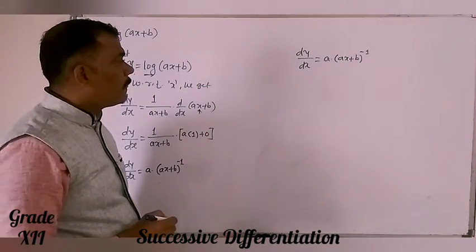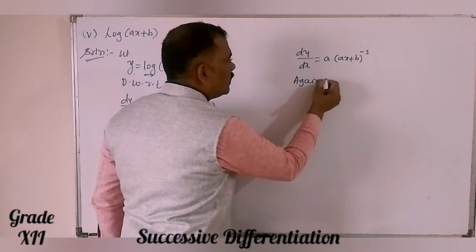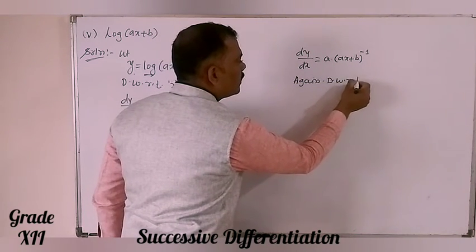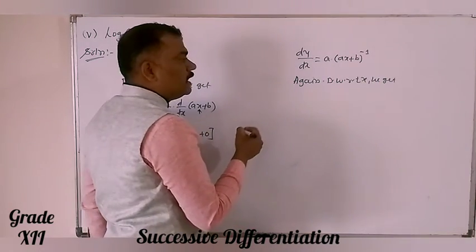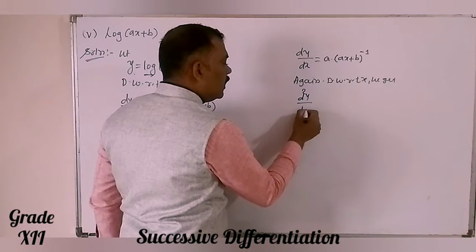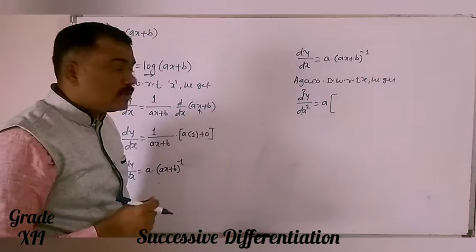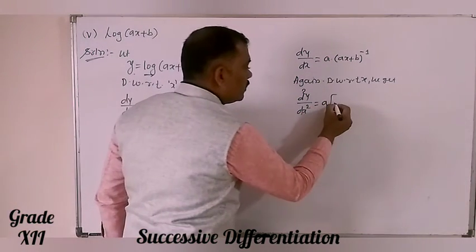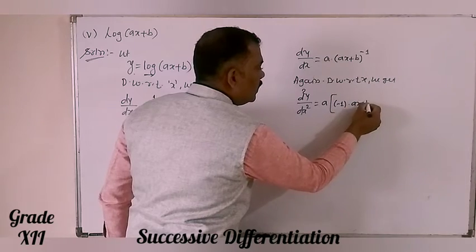Okay, now again we have to differentiate with respect to x. If we get the second order derivative, d2y by dx square, a is a constant, so we take it outside the derivative. By using the power function formula, we can write minus 1 into ax plus b.